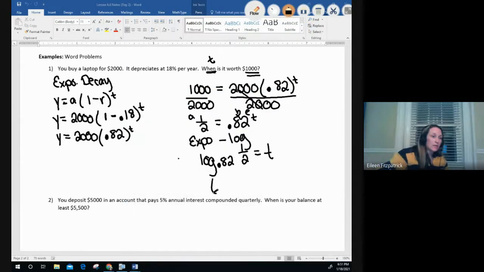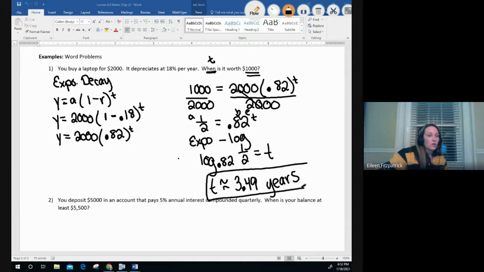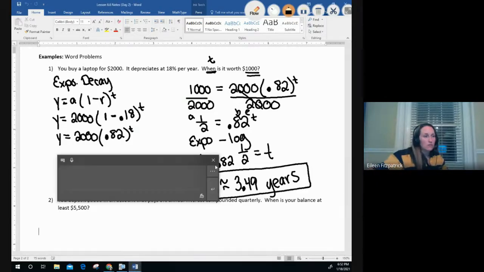Okay, so t is approximately 3.49, or maybe you would round to 3.5 years. Okay, so in 3.49 years, your laptop depreciates to $1,000.